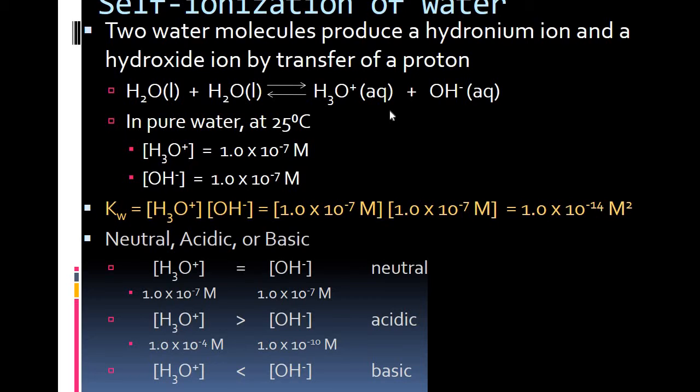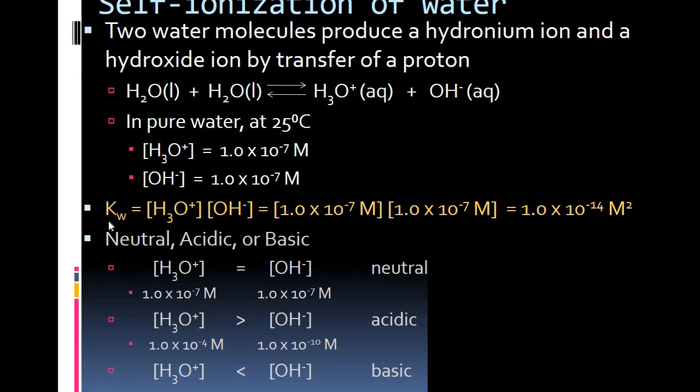Equal numbers of each. In pure water at 25 degrees Celsius, the hydronium ion concentration is 1.0 times 10 to the negative 7 molar. The hydroxide ion concentration is also 1.0 times 10 to the negative 7 molar. So for pure water, they are exactly equal.